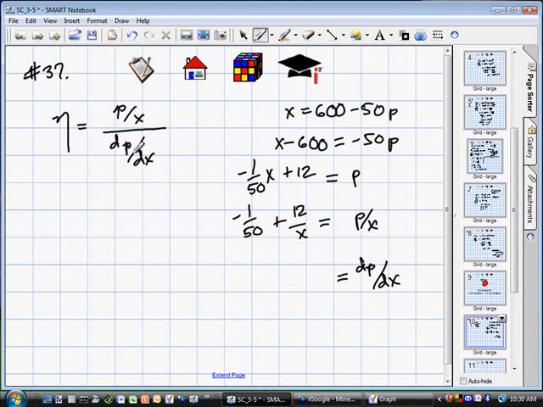I'm trying to find the pieces so we can do this division problem over here. So here's piece 1, now piece 2. Okay, derivative. And then, quotient rule: denominator times derivative of numerator, that's goose egg, minus numerator times derivative of denominator over denominator squared.